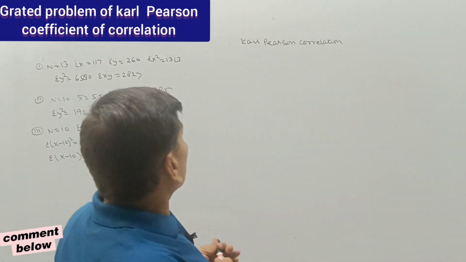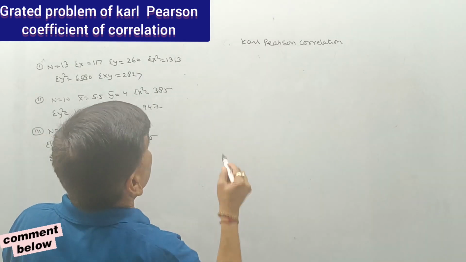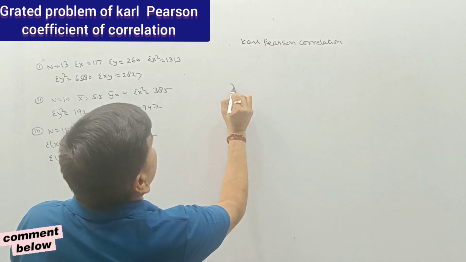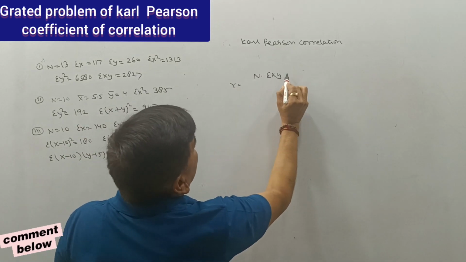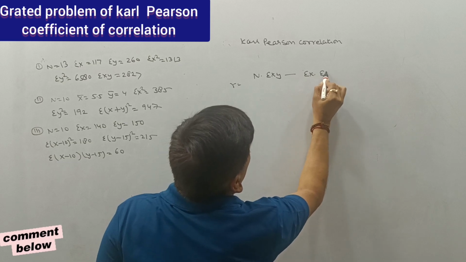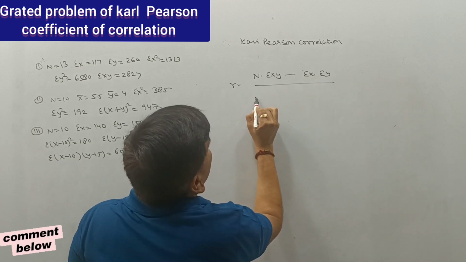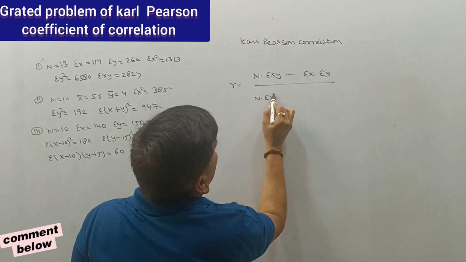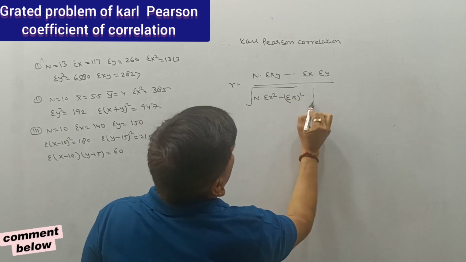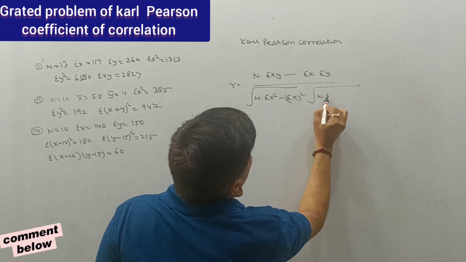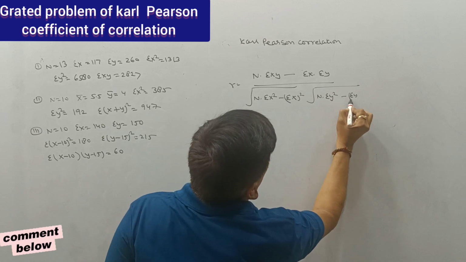Our formula for the Karl Pearson coefficient is the direct formula we have already discussed: n multiply sigma xy minus sigma x sigma y, divided by the first under root of n sigma x square minus sigma x raised to power 2, and the second under root of n multiply sigma y square minus sigma y raised to power 2.